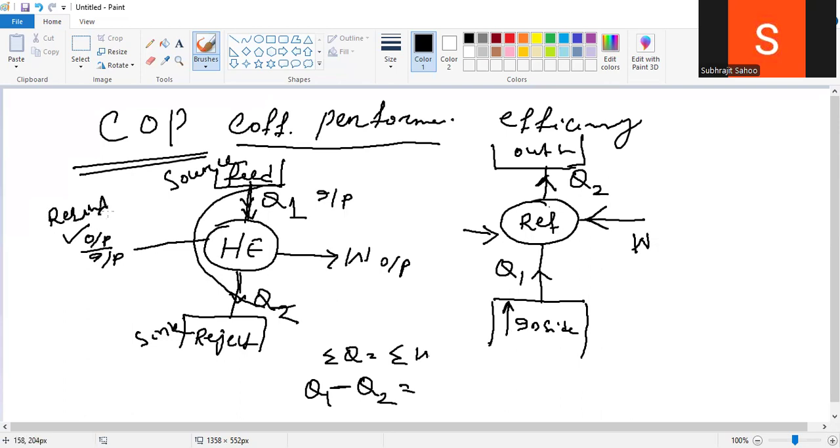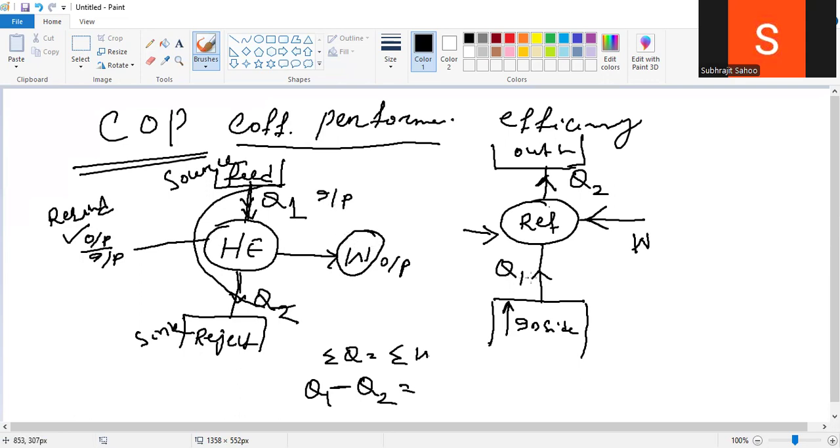In the heat engine, W is the requirement, because we are using the heat engine to produce work. So the requirement is work. That's why it is output. And how are we getting the output? By giving something. That is the input. Here, by giving Q1. That is the input.